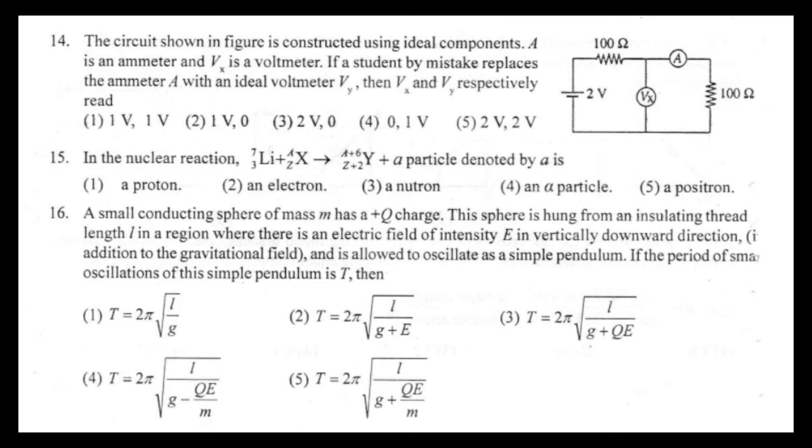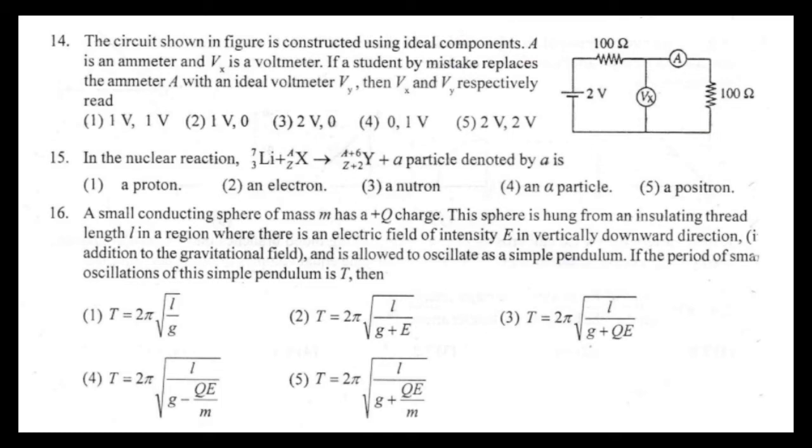That is, no current will pass through the circuit. And the voltmeters are in parallel with the cell. So both the voltmeters will show the potential difference across the cell, that is 2 volt. So the answer is 5.